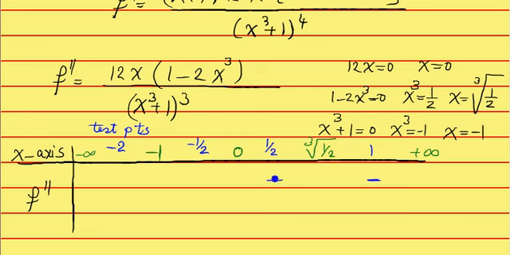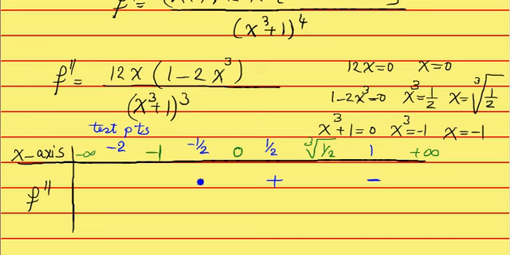Here I expect to get positive. Let's try it again. 1/2. This and that are both positive. In this one, you just said 1 minus 2 times an eighth is in fact positive. At negative, this will be negative. This is positive. That is positive.